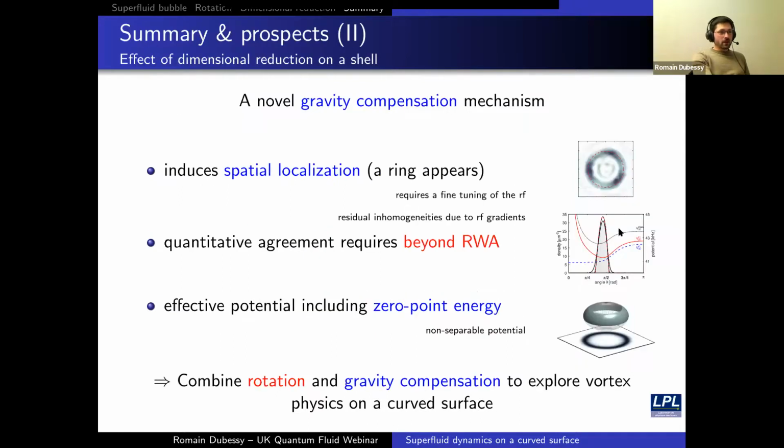And then I have shown to you how we were able to compensate gravity in our system, and how this resulted in a new ring trap where the ring shape emerges because the atoms are really in the ground state of the transverse harmonic confinement.